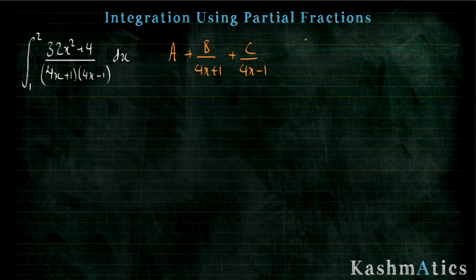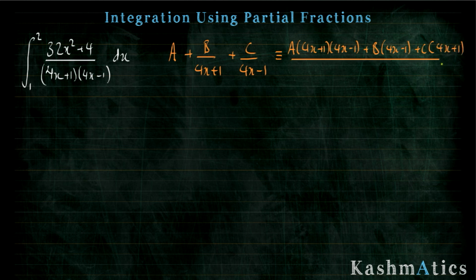So let's go ahead and write this as a single fraction. That would be equivalent to a multiplied by 4x plus 1, 4x minus 1, add b multiplied by 4x minus 1, add c multiplied by 4x plus 1, all over 4x plus 1, 4x minus 1.